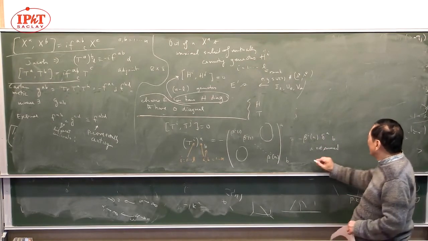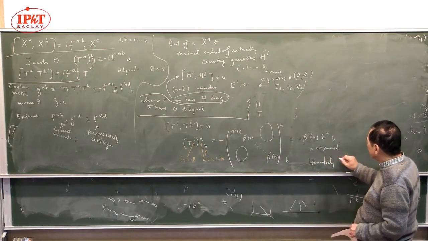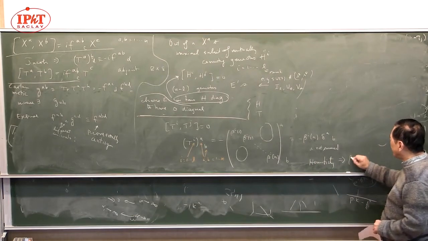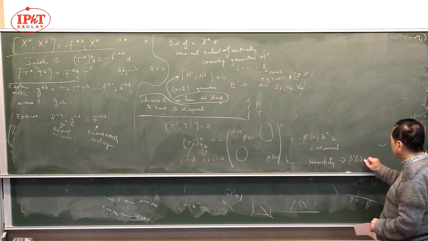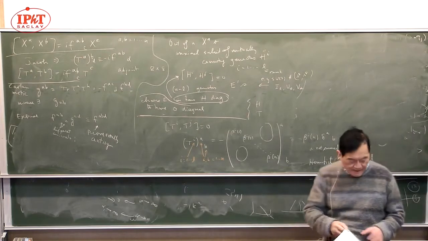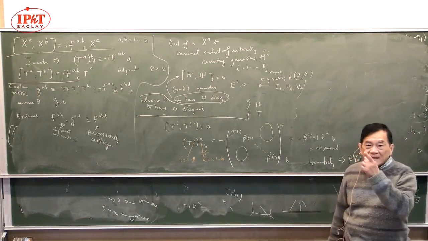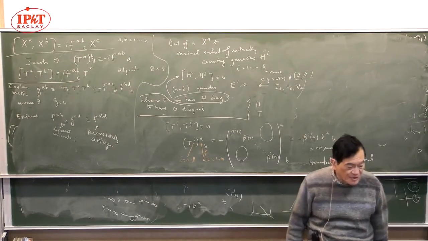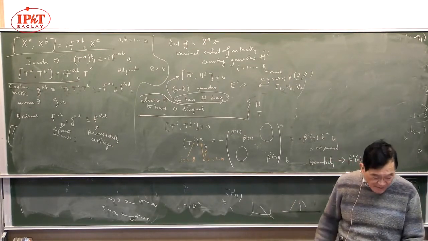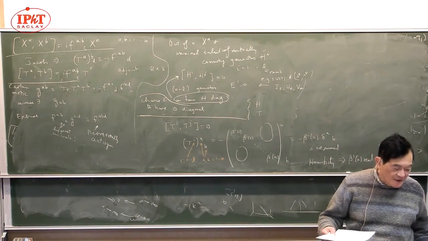Now, one trivial remark is hermiticity. Hermiticity implies that beta IA are real. This is a Hermitian matrix. Now, last time after the lecture, one of the students asked me a question.